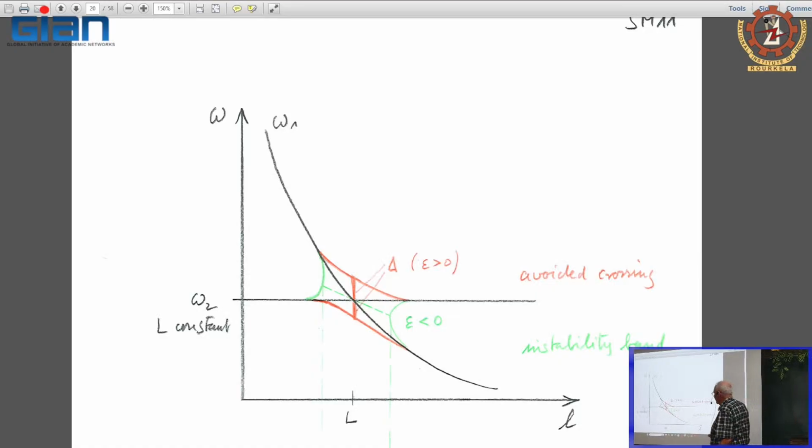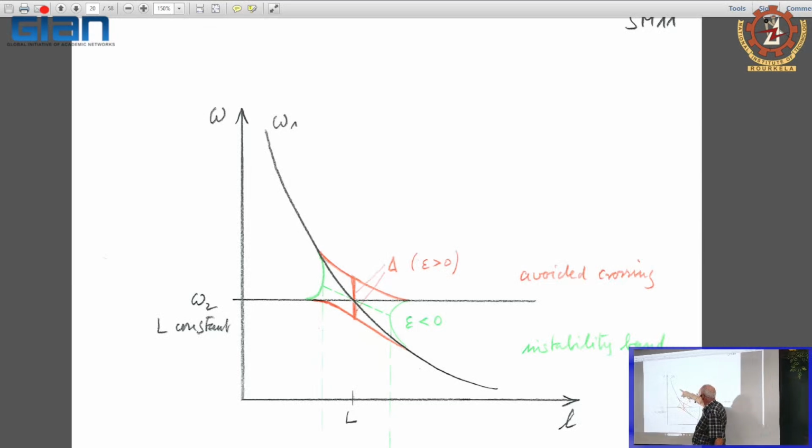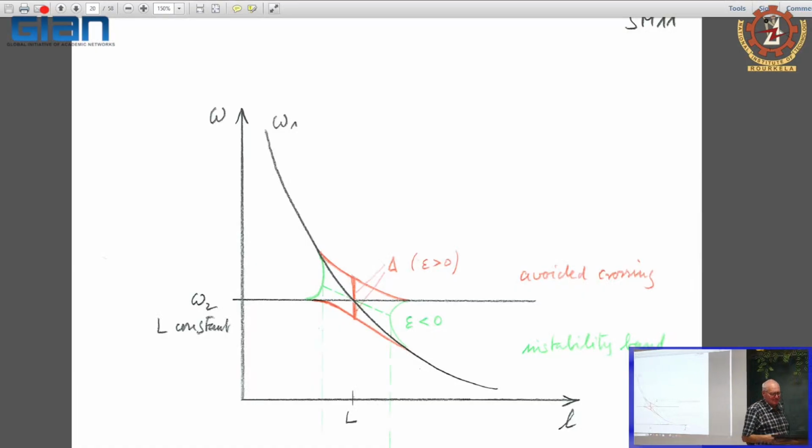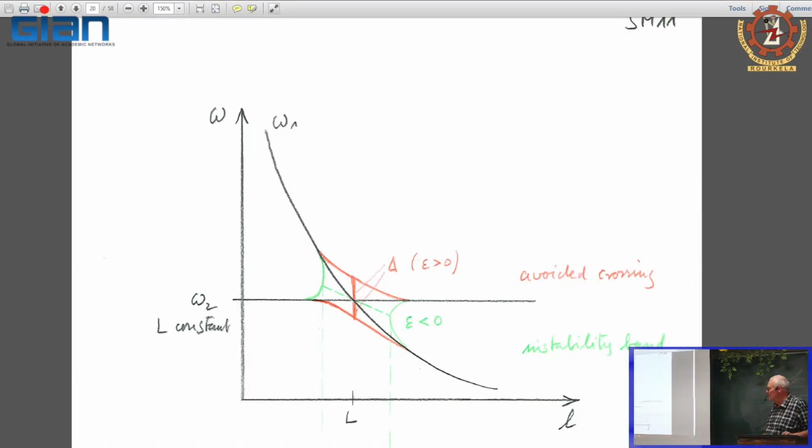So we take the pendulum 2 with length capital L, we take this constant, and we will have omega 2 constant as a function of the length of the pendulum 1, which in the experiment is changed. So omega 1 goes essentially like 1 over root L plus some correction due to the spring constant.